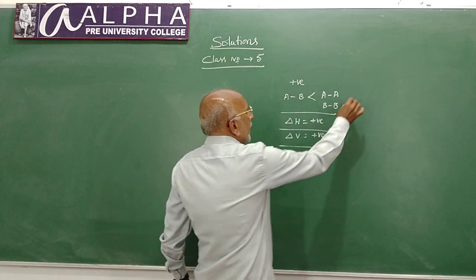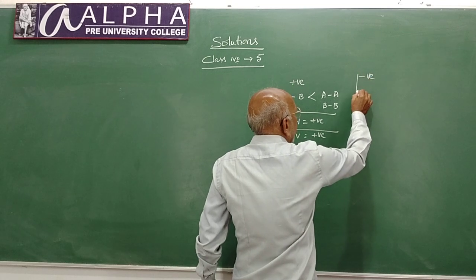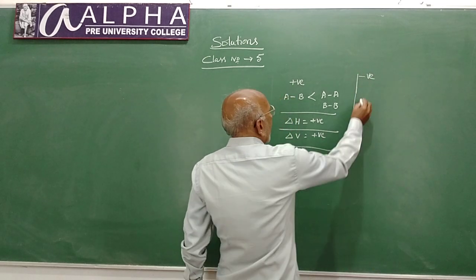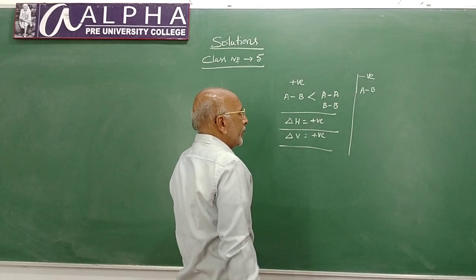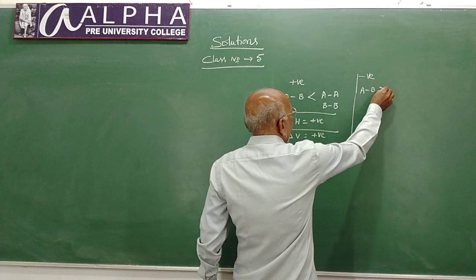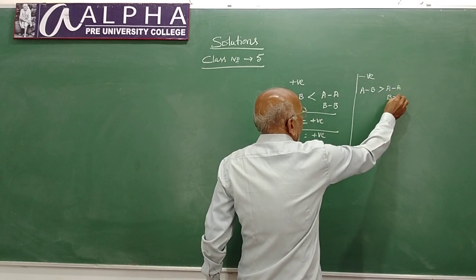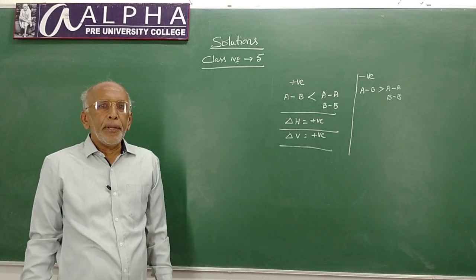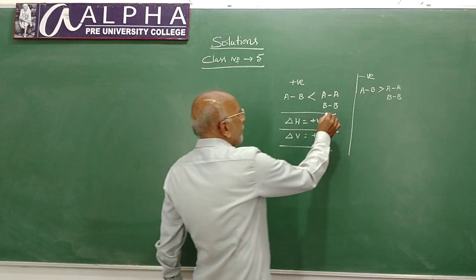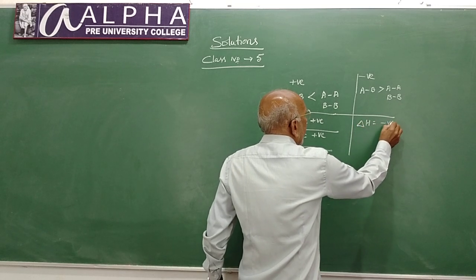Three points here. In case of non-ideal solution showing negative deviation, the interactive force between the constituent particles is greater than that which exists in pure solvent, that is AA as well as BB. And delta H is negative.